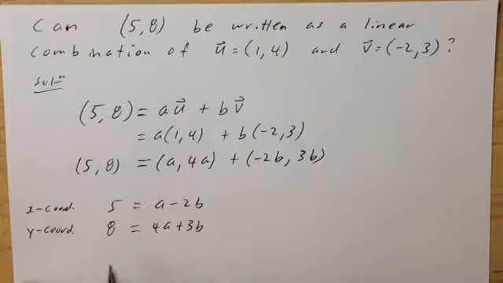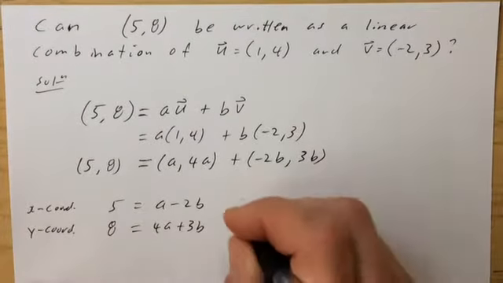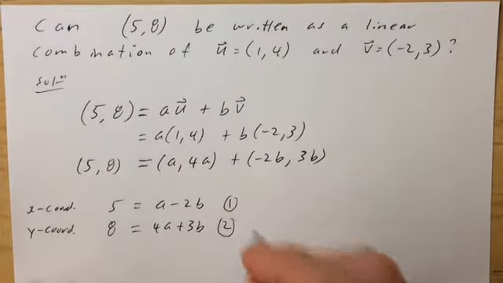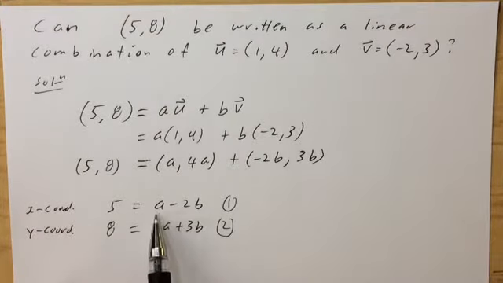Now what we have is a system of equations here. We have two linear combinations of a and b. Okay. And this is like finding the intersection point of two lines. So if I call this equation 1 and this equation 2, I want to eliminate a or b. I'm going to try and eliminate a first because it seems to be the easiest thing. If I multiply equation 1 by 4, I will be able to eliminate the a's.